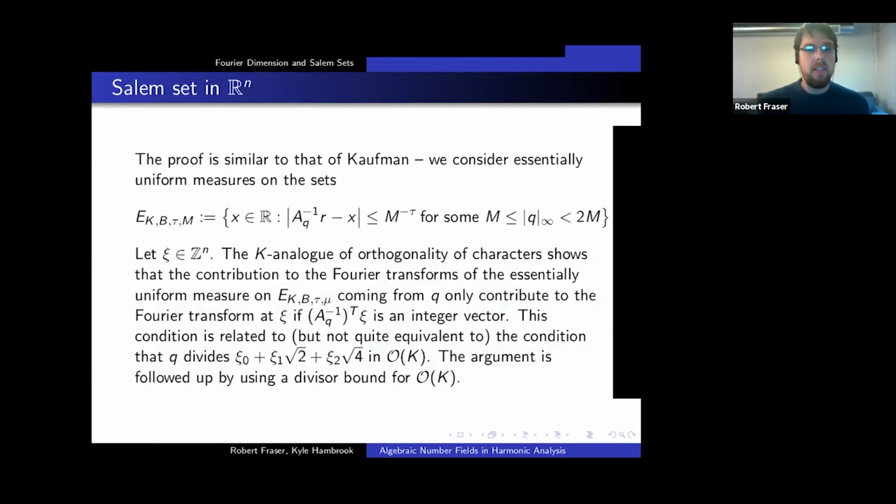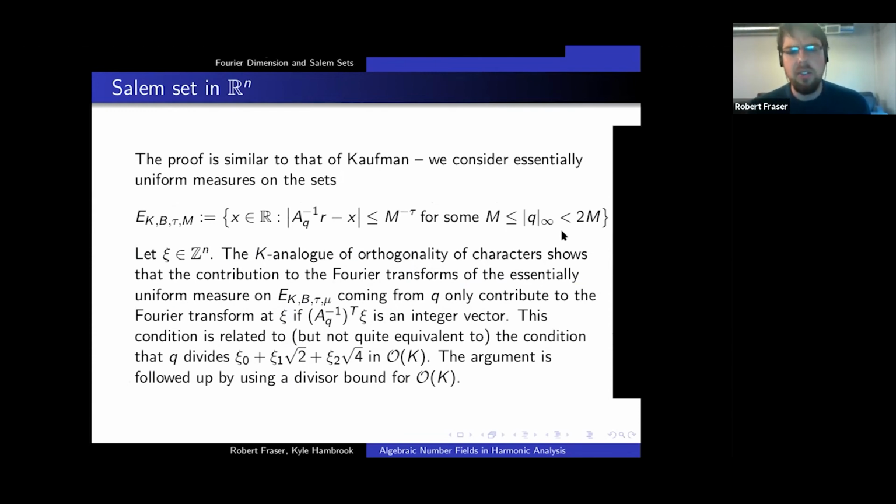Again, the proof is similar to that of Kaufmann. There are a few differences that are very technical in nature, but fundamentally what you do is you again look at a finite approximation to your set, where you look at just those x that are close to AQ inverse R for some q of size close to m.